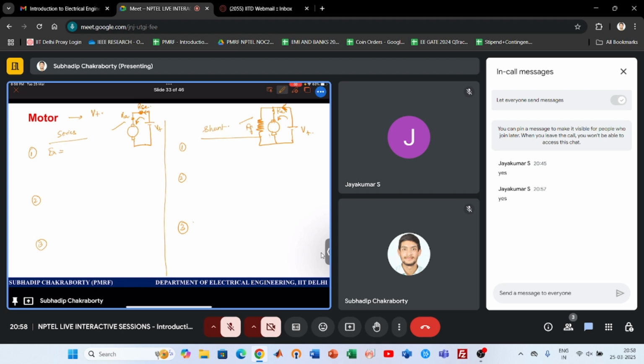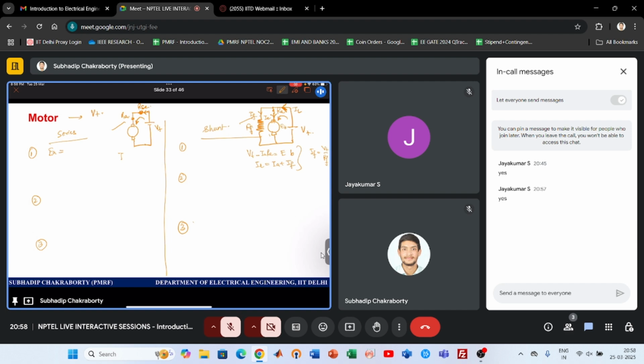What you can write, if this is back EMF: Vt minus IARA, because this current is IA, this current is IF. So Vt minus IARA is nothing but EB, but your line current is nothing but IA plus IF, where your IF is nothing but Vt by RF.